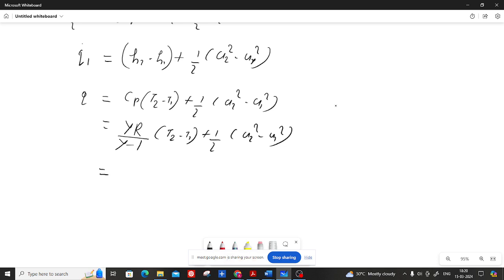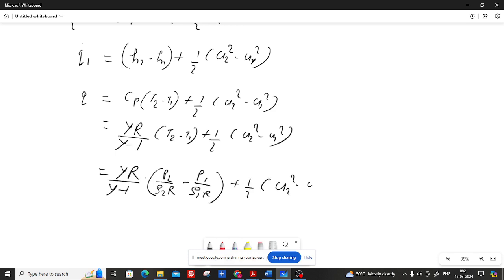Now, if you use gamma into R upon gamma minus 1, T2 is equal to P2 upon rho 2 into R, minus P1 upon rho 1 into R, plus 1 by 2 into U2 square minus U1 square.